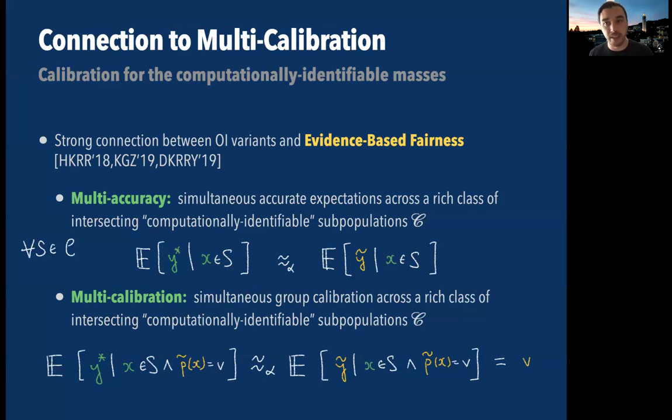And multi-calibration takes us a step further using a notion called calibration that is common in the forecasting literature, less common in the computational learning theory literature, but of note and actually considerably stronger than this accuracy or unbiasedness notion.